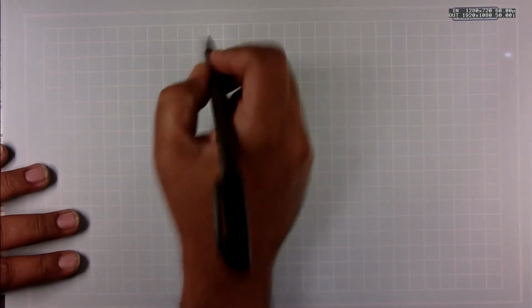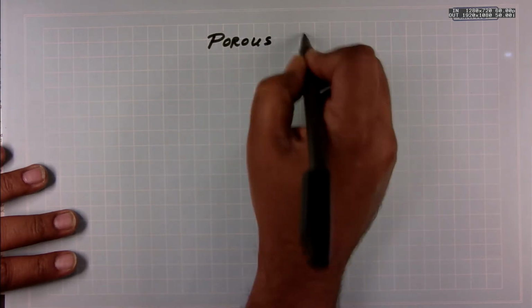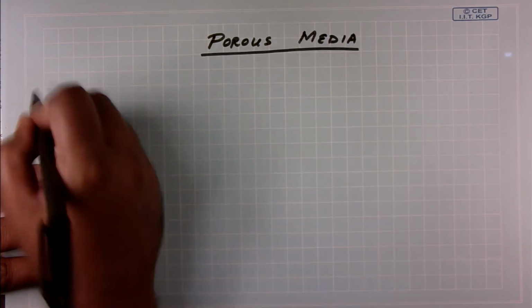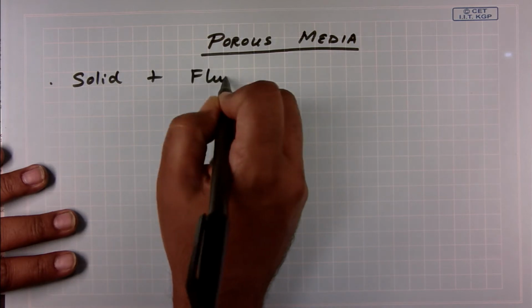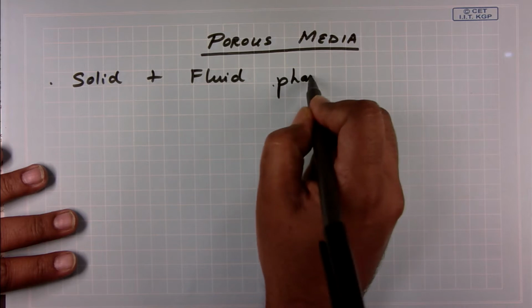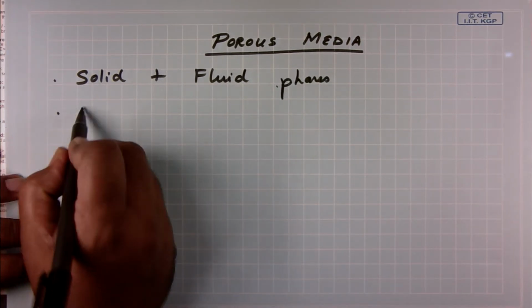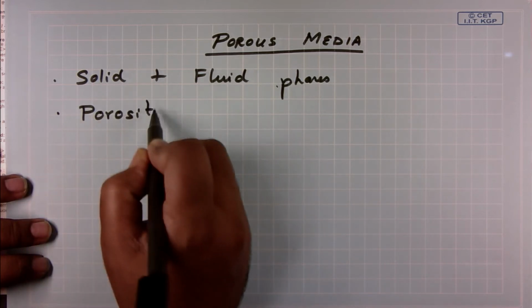there are a few terms that we need to talk about, particularly two terms that we should think about. So, let us write that down. What we spoke of is that porous media definitely has solid plus fluid phases. Okay. Now, we will talk about two important parameters of a porous medium.